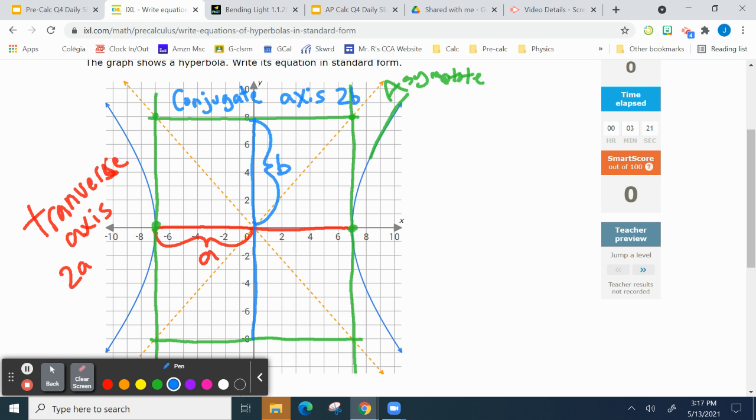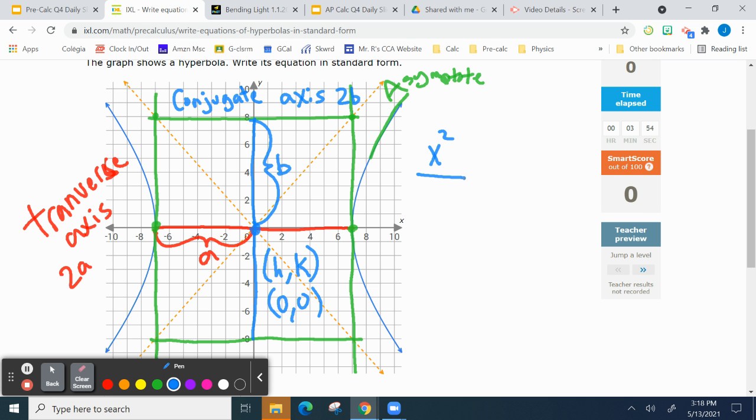So that's that. And so we have a horizontally oriented hyperbola. So it's going to be x squared, and then the center is going to be h comma k. That's why the h is always with the x. And in this case, it's 0 comma 0, so we don't need that in there. So it's just going to be x over a squared. So what is a?